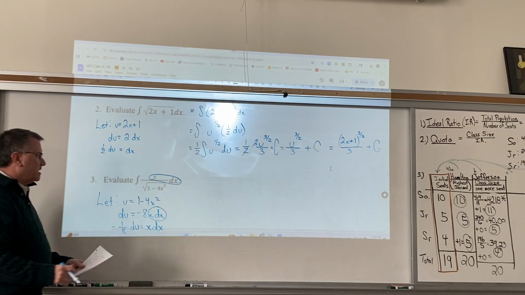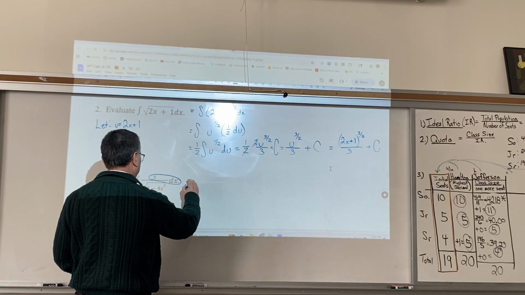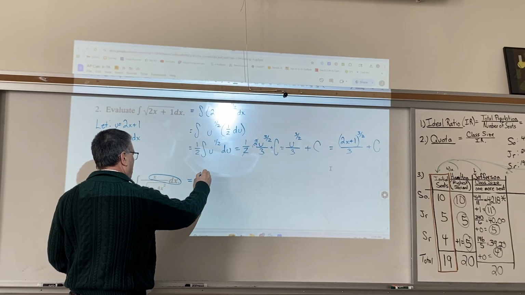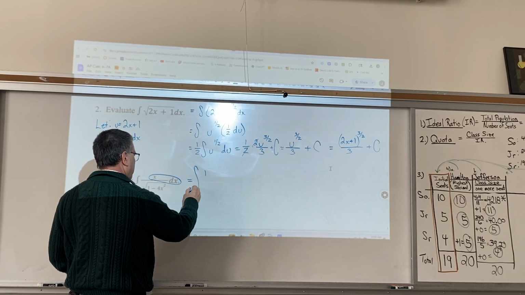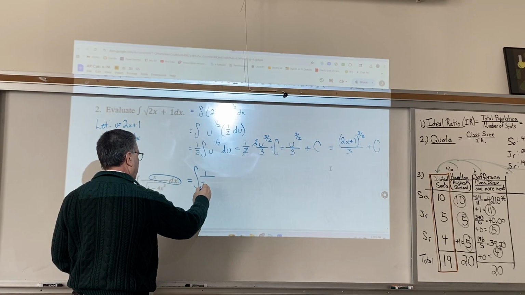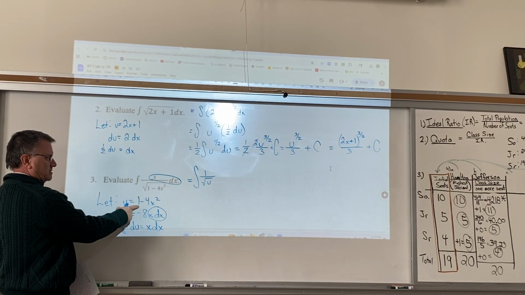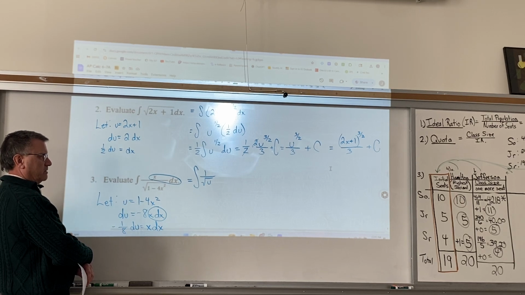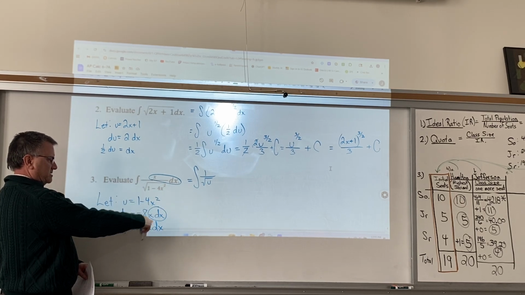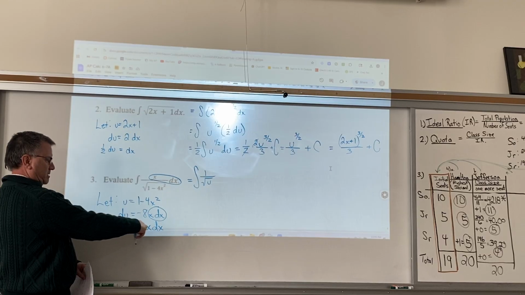Well, that means that I'm going to rewrite this then as the integral of 1 over the square root of just what's inside, square root of u. And then x dx, that part will be this.